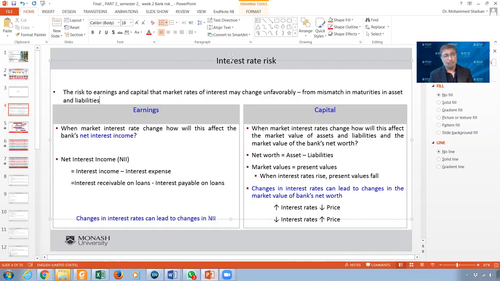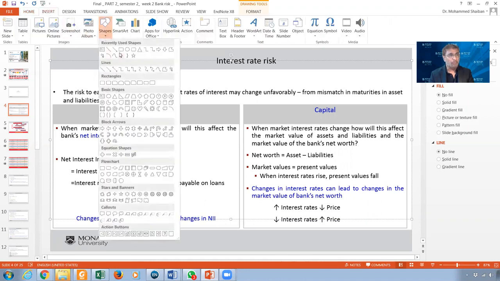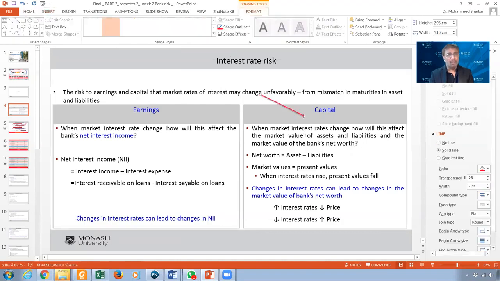Now, the impact on the capital should be very straightforward. Why? When we have investments, as I explained to you, if we have 100 million of bonds today and other securities that give me fixed income, and the interest rate increases, directly my assets will drop.